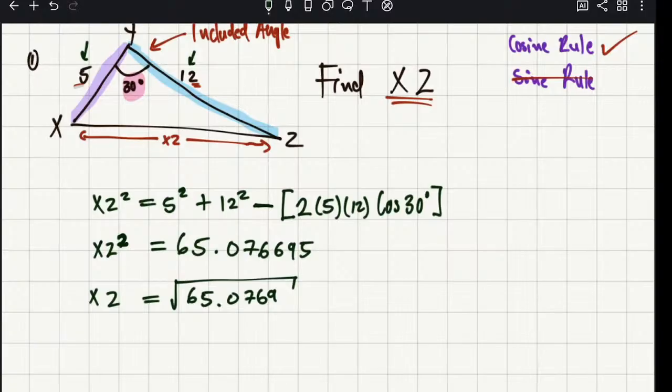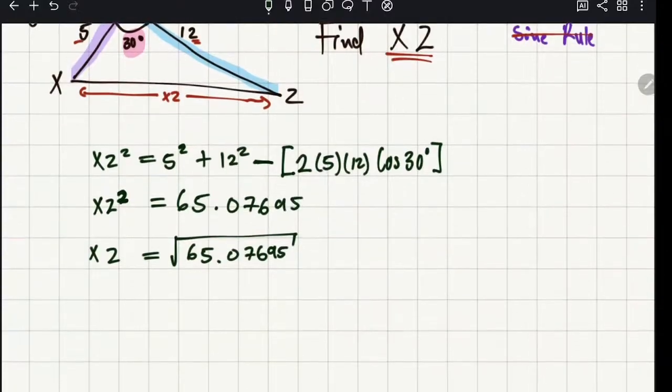So you put square root of this. What do you now get? Can somebody do square root of this and tell me what you now get as your answer?